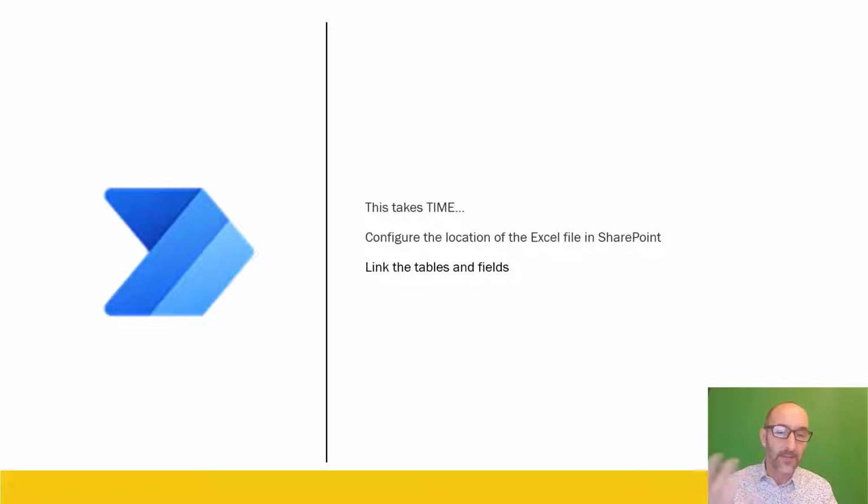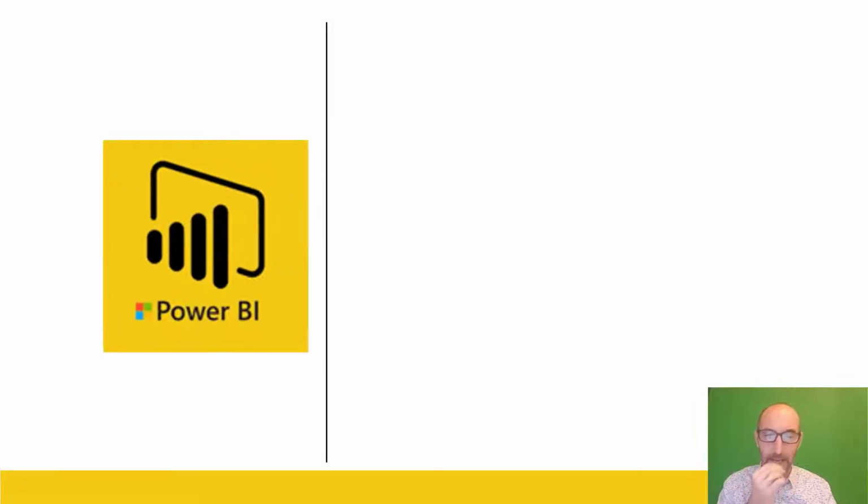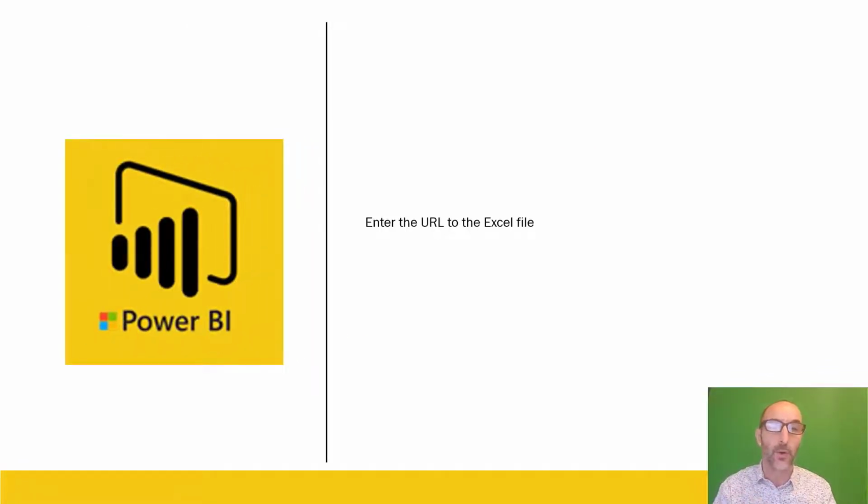And we link the tables and the fields further down. Run the flow and test some more. And then we configured Power BI, which is basically you enter the URL to the Excel file, refresh and publish, and set up a scheduled refresh time.